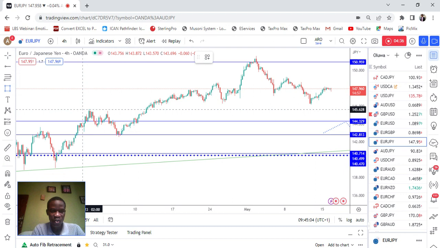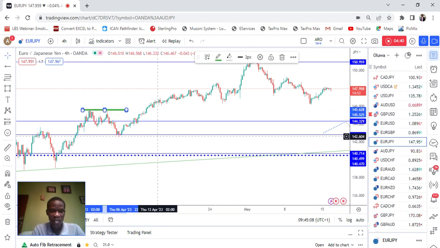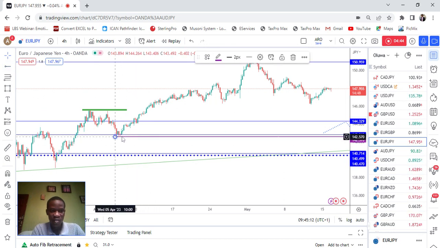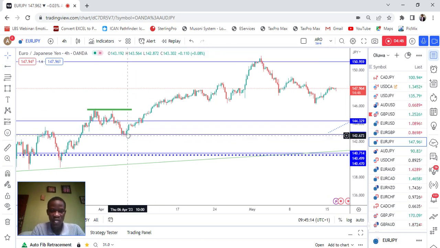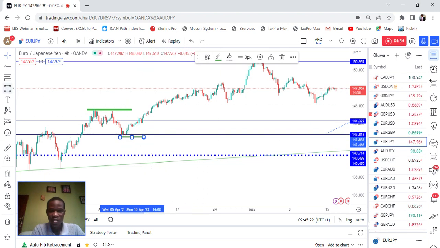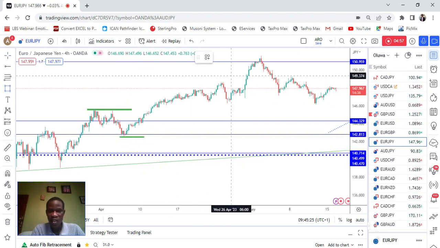So this is the high here, and we have another one there, and another one there. You see it. Then there is another. Let's go for this as well, this high here.